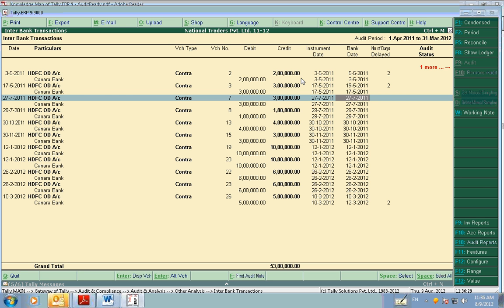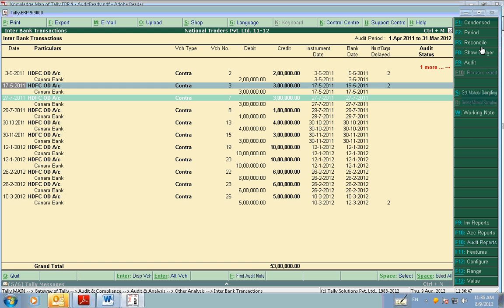What exactly is this, why was the delay, it would have happened on the same transaction date itself. What exactly is the delay and all that, you can drill down to the entry level and do the audit of the same. Right? So this is all about your interbank transactions.